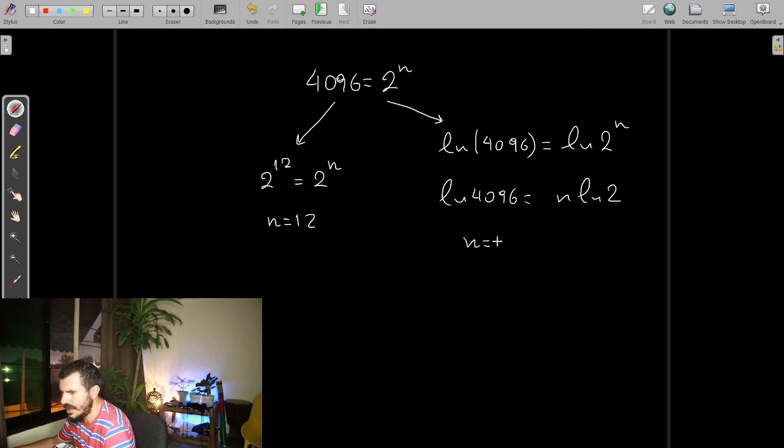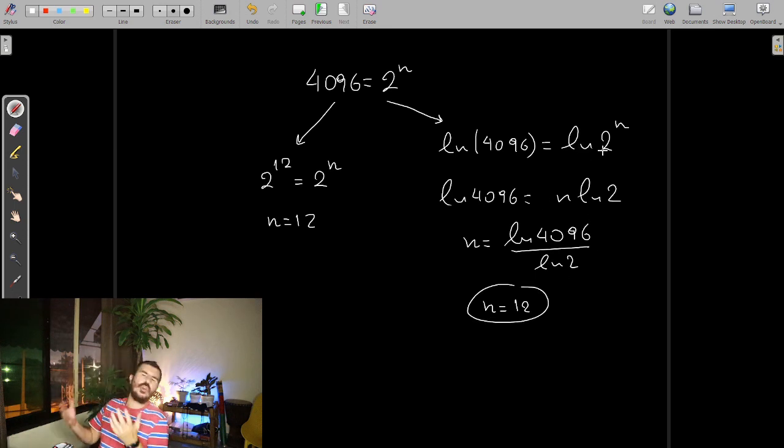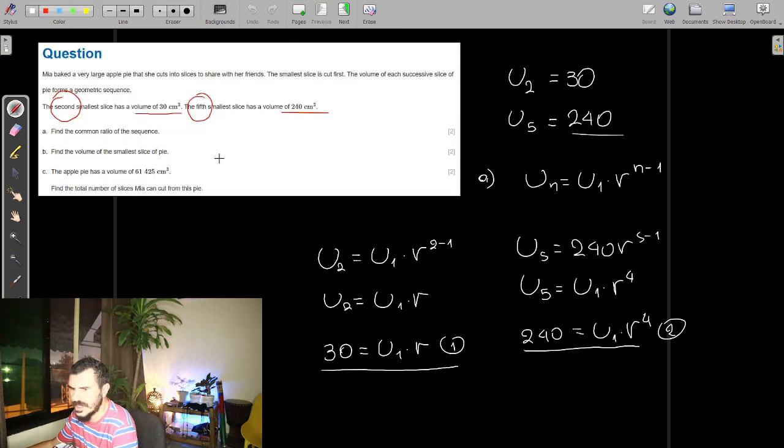So n is ln 4096 over ln 2. Be careful, if you put it in your calculator, you will see again the answer is 12. Here instead of ln, I could put log 10 or log with base 2. It's up to you. Again, the result is going to be the same. So that's the answer to this IB question.